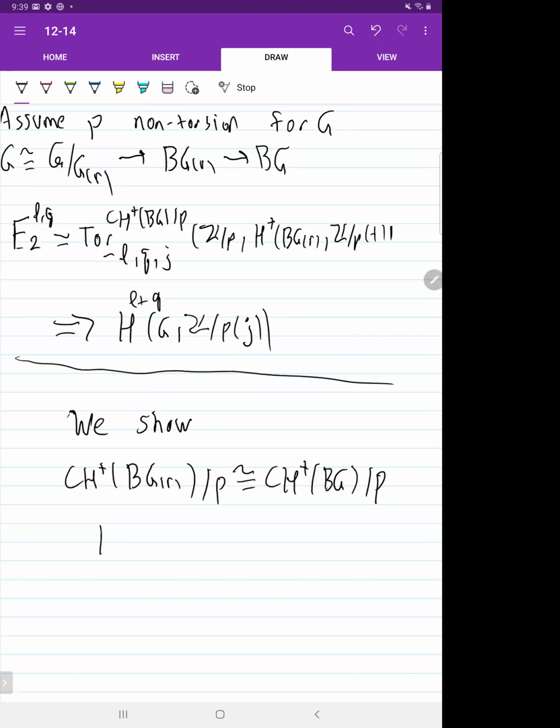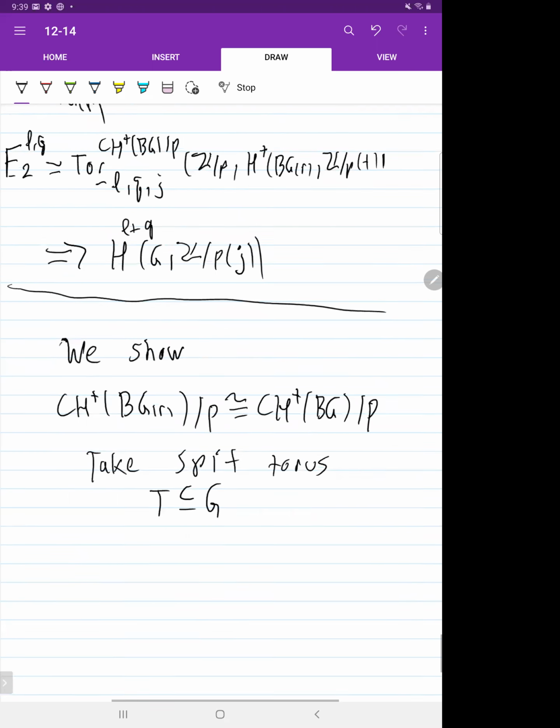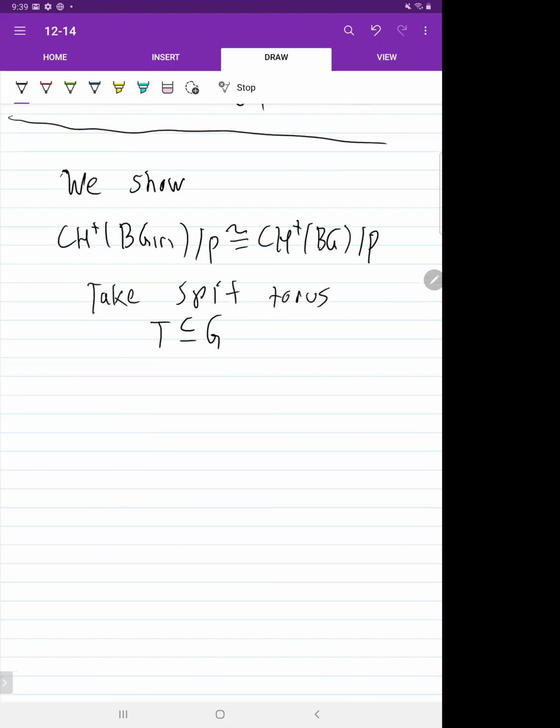So take a split torus T sitting inside of G. Then we have the following commuting diagram. So we have the Chow ring of BG, mod P, then it maps to, you can pull it back to the Chow ring of BGR.